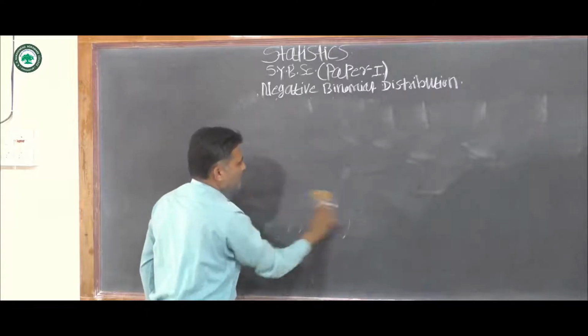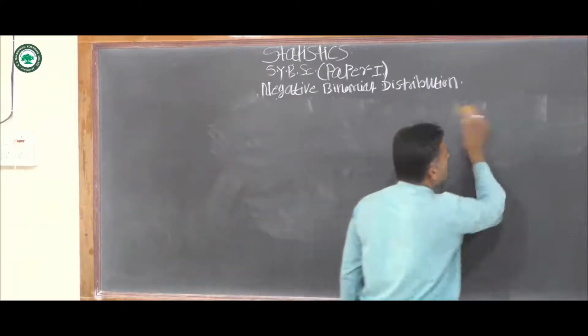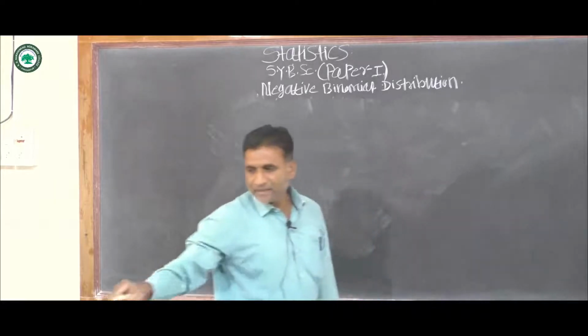Negative binomial distribution as a sum of geometric random variables.